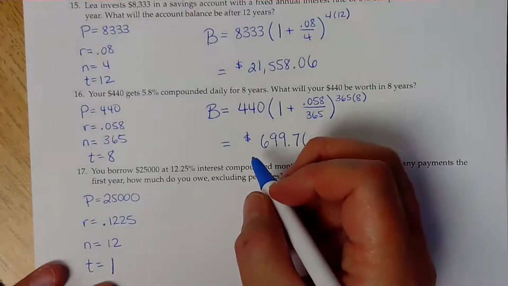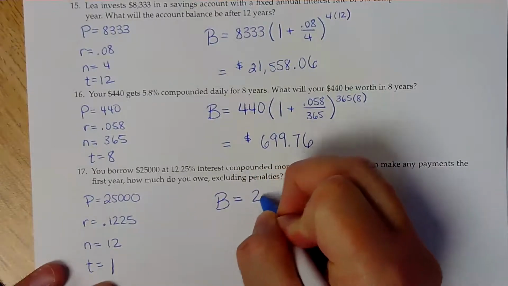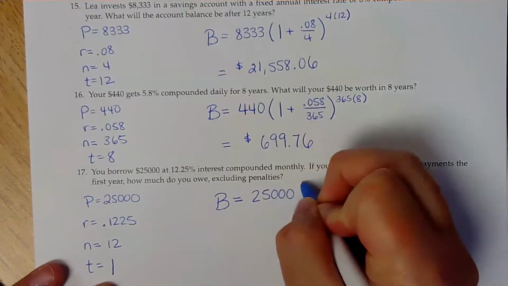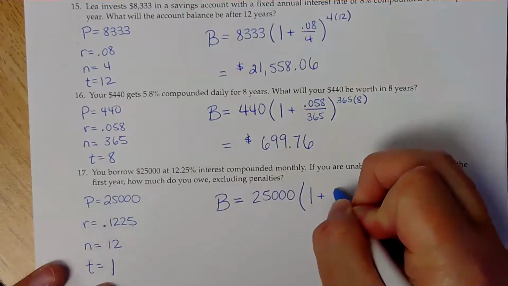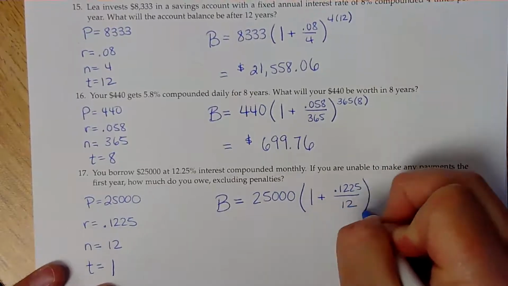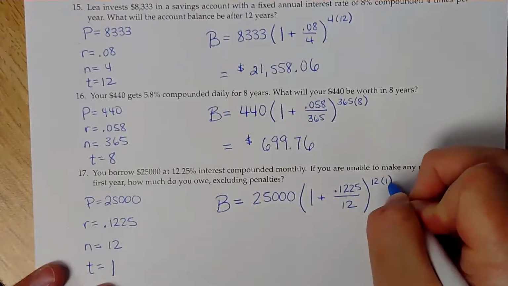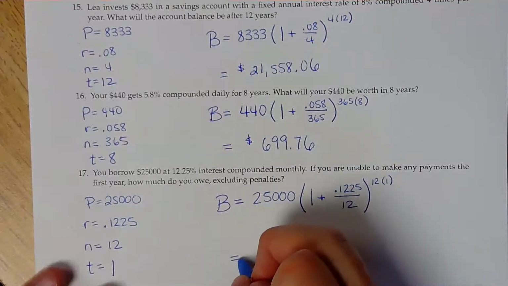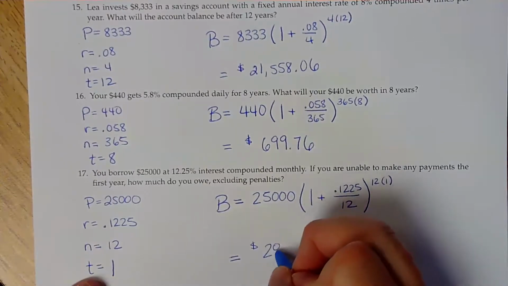So without those penalties, I'm going to owe a balance of 25,000 times the quantity 1 plus 0.1225 divided by 12. That quantity raised to the exponent of 12 times 1.